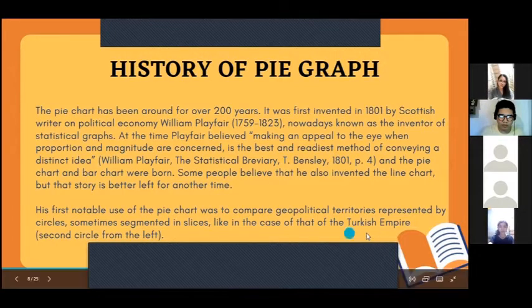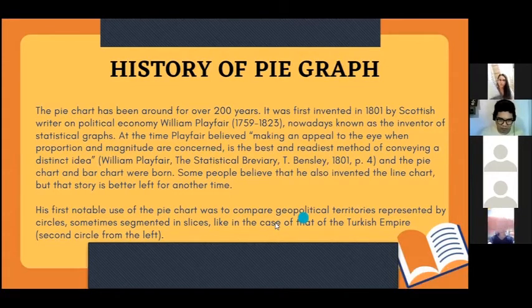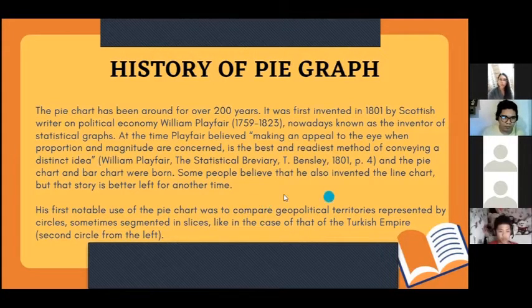At the time, Playfair believed that making an appeal to the eye when proportion and magnitude are concerned is the best and readiest method of conveying a distinct idea. And the pie chart and bar chart were born. Some people believe that he also invented the line chart, but that story is better left for another time.